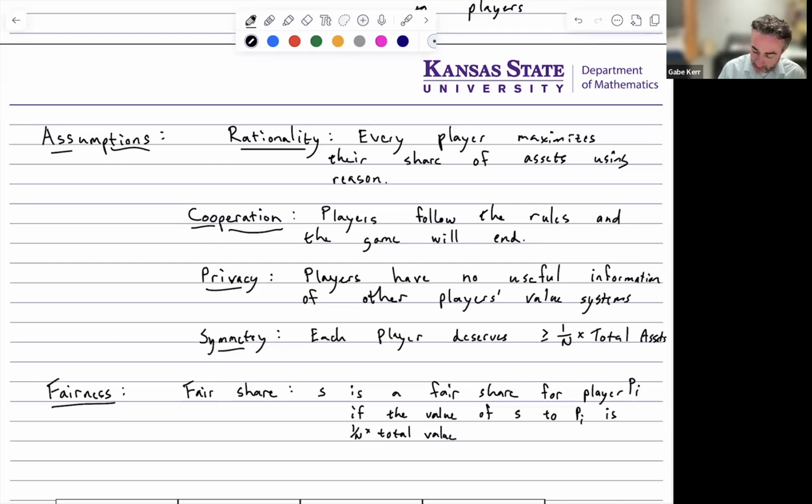So I should say, is greater than or equal to. Greater than or equal to.